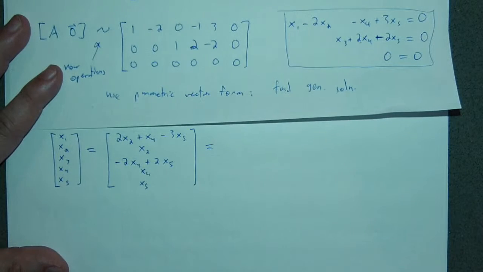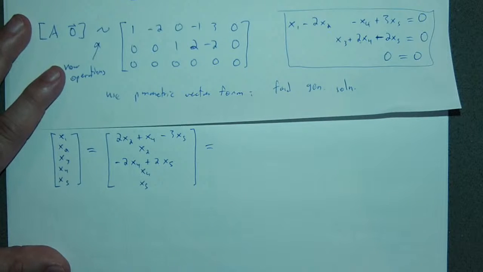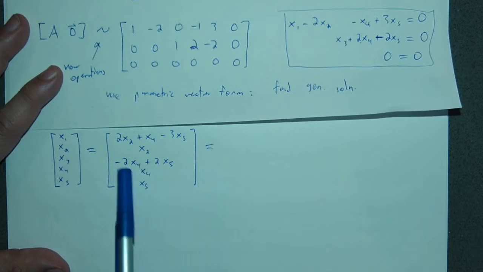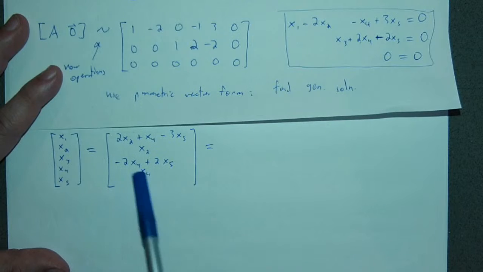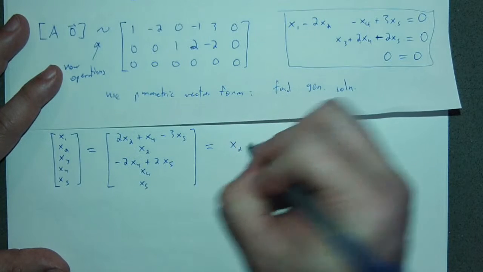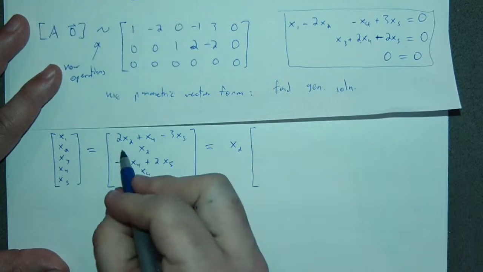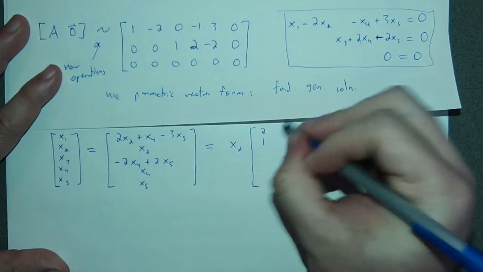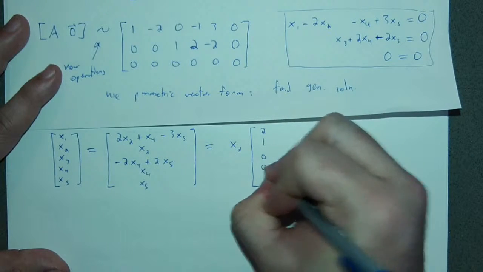So continuing on here, I want to use parametric vector form and actually write this out as vectors weighted by the free variables. So what do I get here multiplying x sub 2? I get 2, 1, 0, 0, 0.